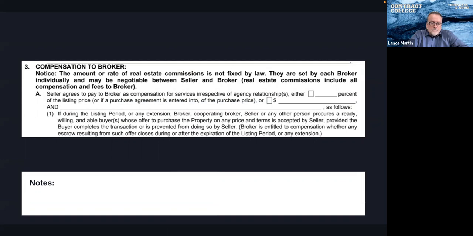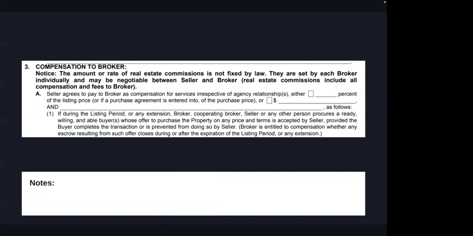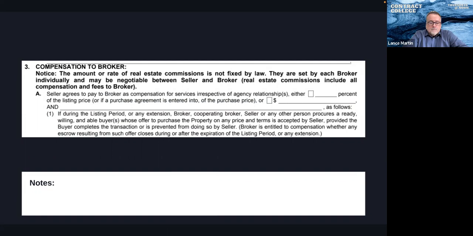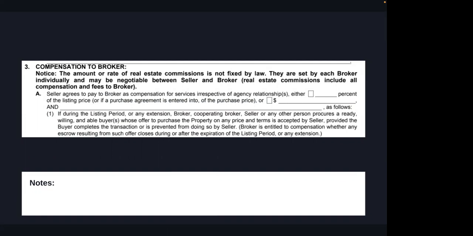But now our seller is telling us, hey, look, I don't want 850, I want 900,000, and I'm not going to agree to it, and I'm going to let the listing expire. And then all of a sudden it expires. The seller goes out and hires Century 21. They market it for 30 days, and they get an offer for 850, and the seller concedes and says, okay, I'm selling it.